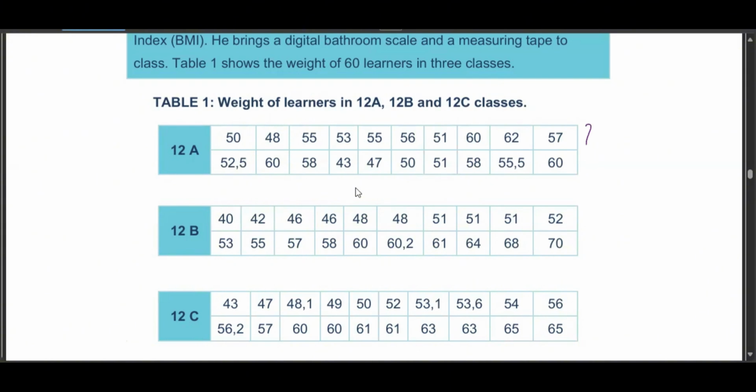So I have added all these numbers because they want the mean. That number there, I ended up having 1,082. But how many people are there? We count them, 1, 2, 3, 4, 5, 6, 7, 8, 9, 10. So you divide by 20 because there are 20 numbers that we have added. So the final answer became 54,1.